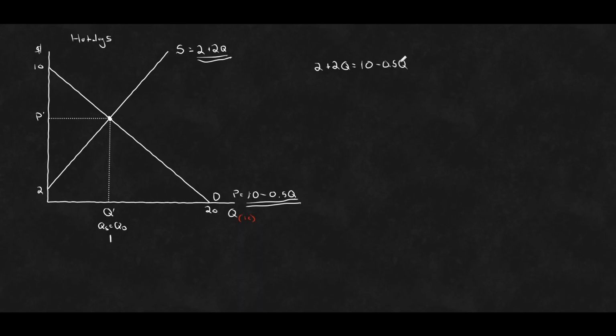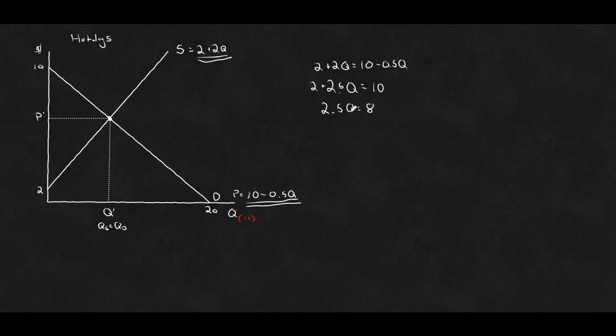Let's consolidate and then isolate. Myself, I don't like negatives, so let's move this negative 0.5Q over to the left. We get 2 plus 2.5Q, and that's going to equal 10. That gives us 2.5Q equals 8.